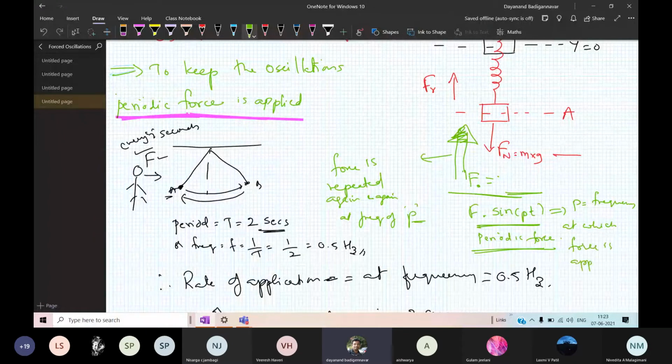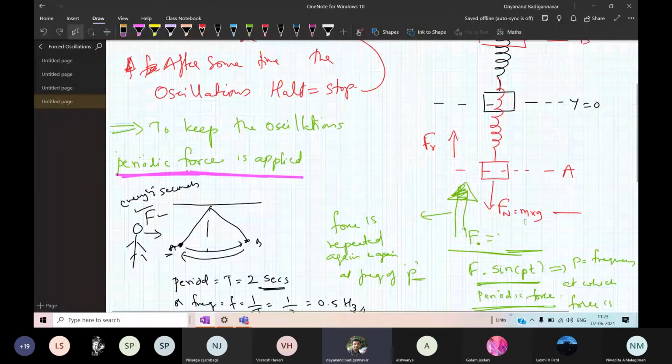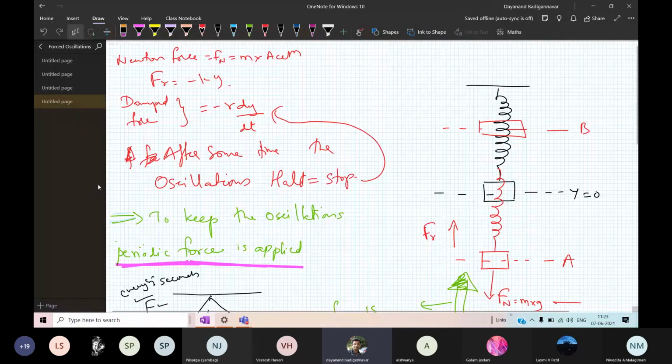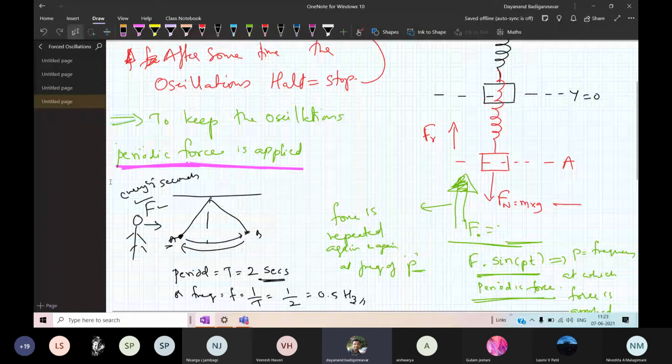Why do you require a periodic frequency, periodic force? You require a periodic force to keep the oscillations on. To keep the oscillations on, I have to apply the force at regular intervals.